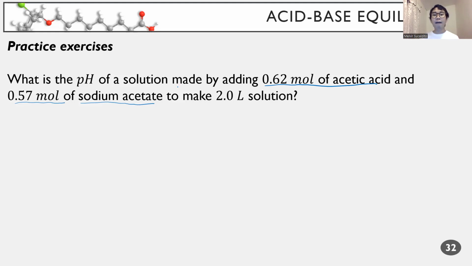First, write down the equilibrium reaction. For this case, I think the best equilibrium reaction to write is the dissociation of acetic acid. Let's write acetic acid as HAc, just to simplify stuff.